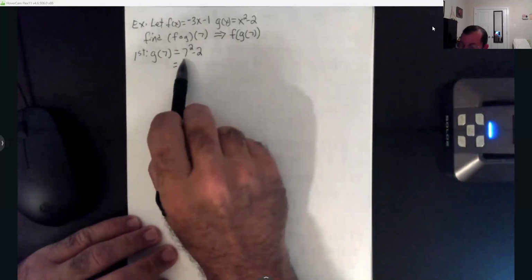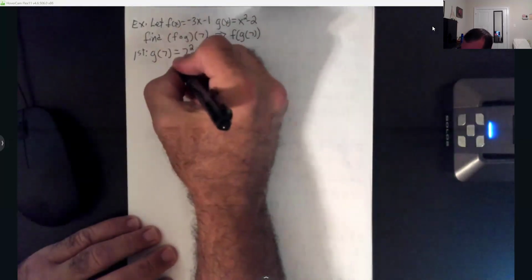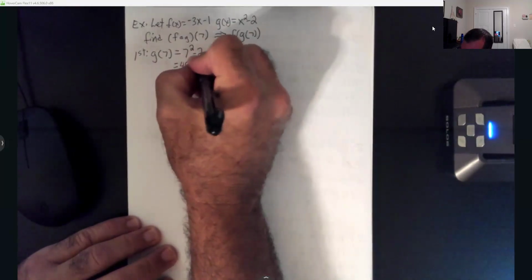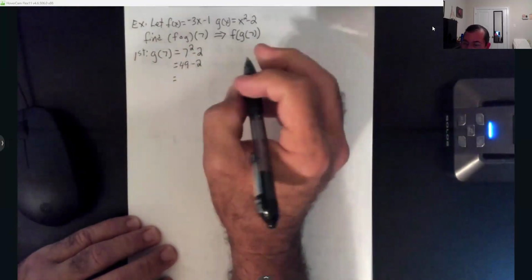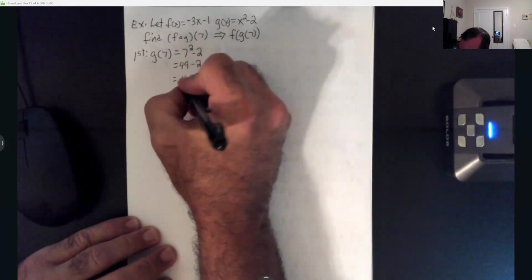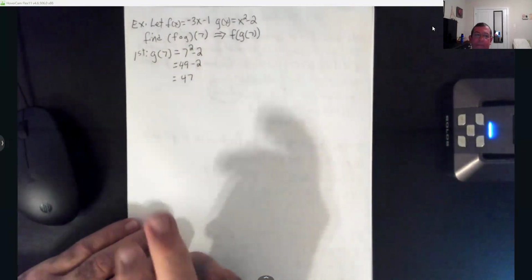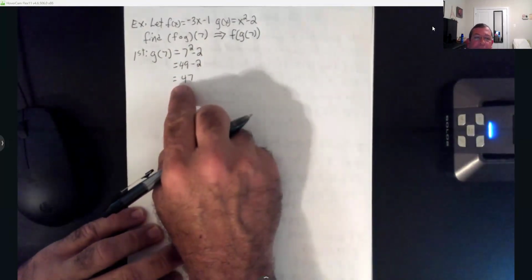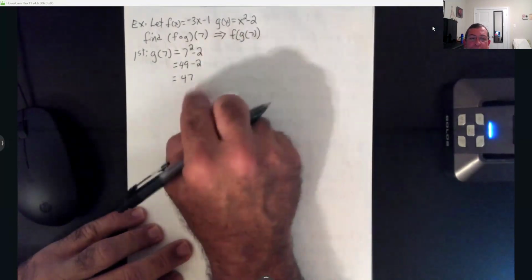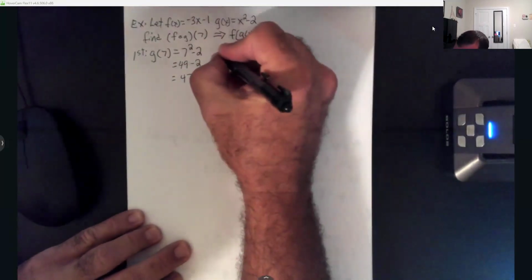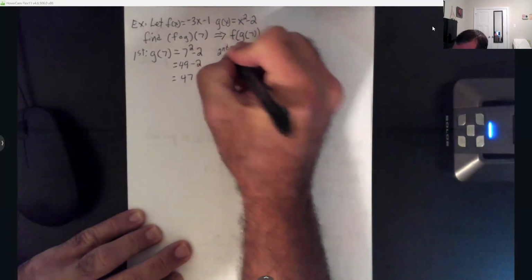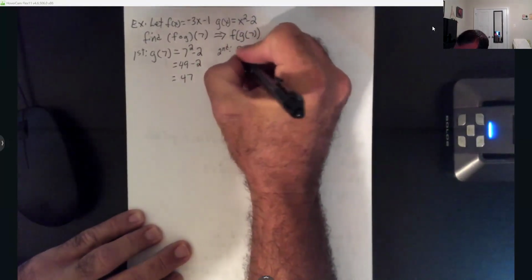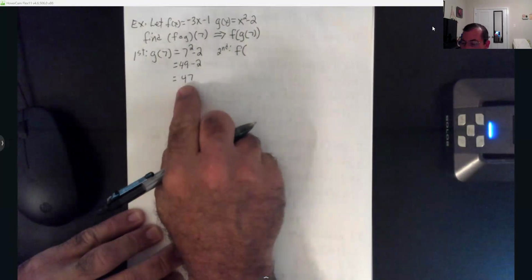That's 49 minus 2, which gives me a 47. So that's the first step. I now know that g of 7 equals 47. So my second step now is to find f of that 47.